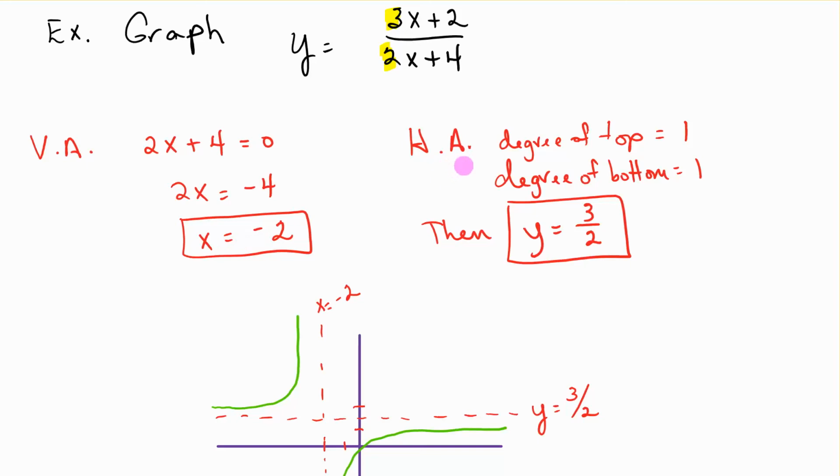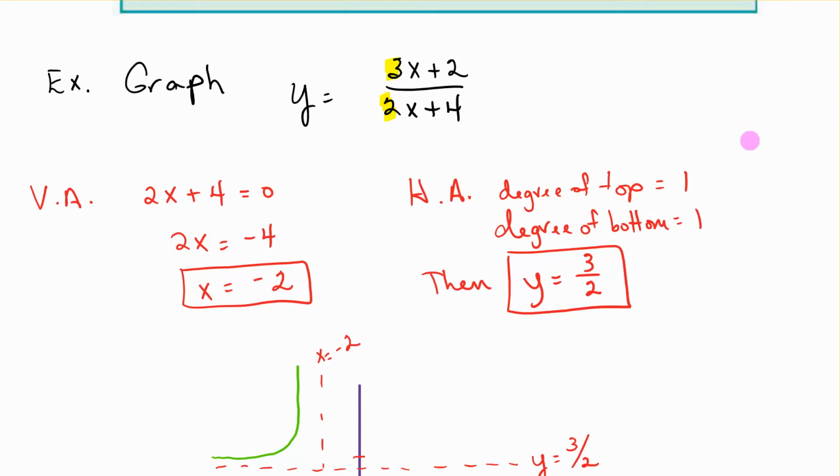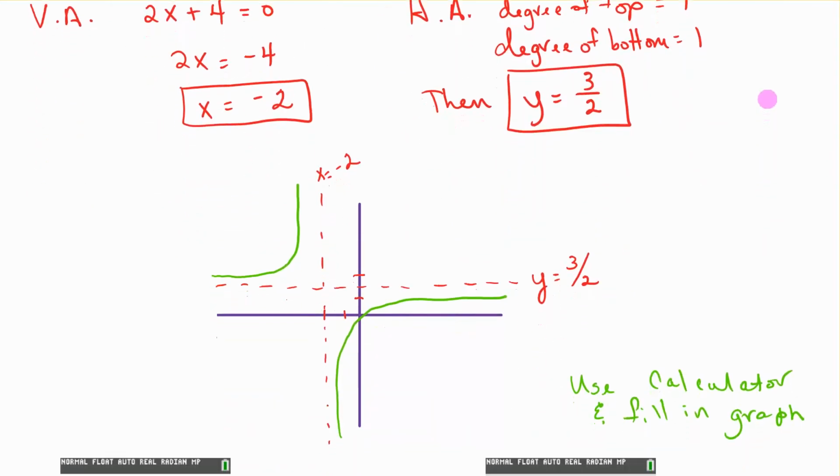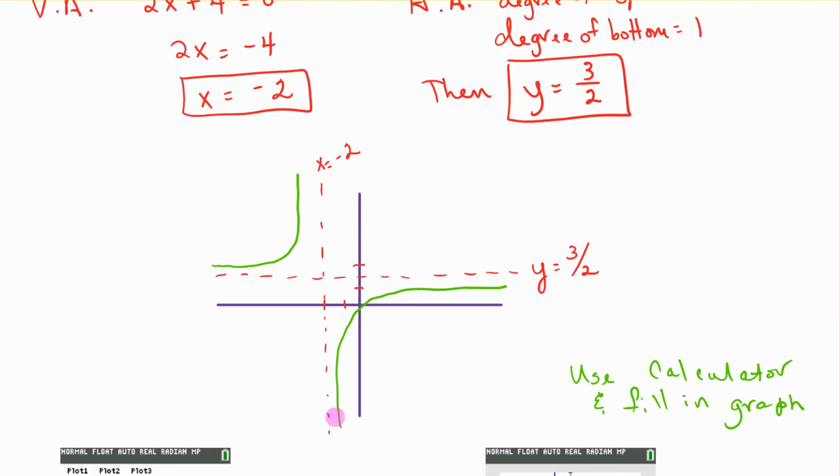For the horizontal, the degree of the top is 1, the degree of the bottom is 1. They're understood. We don't have those written there, but we know there's an understood 1 right there. So we take the leading coefficient over that one, so y equals 3 over 2. We sketch those dotted lines, x equals negative 2, y equals 1.5.